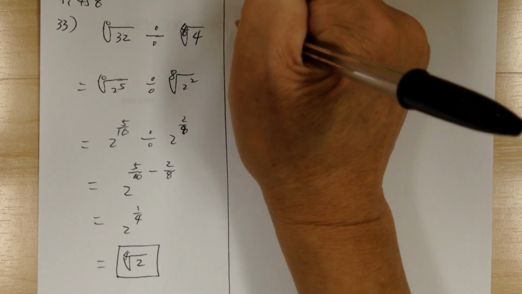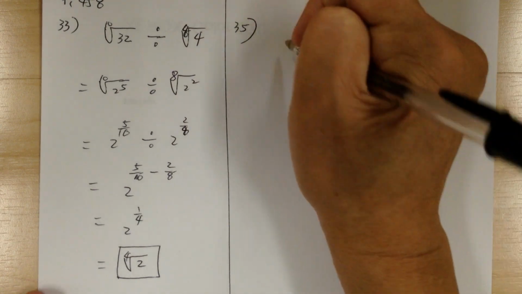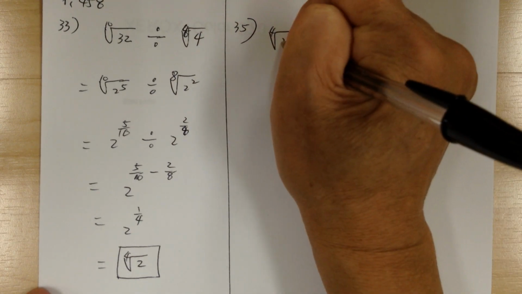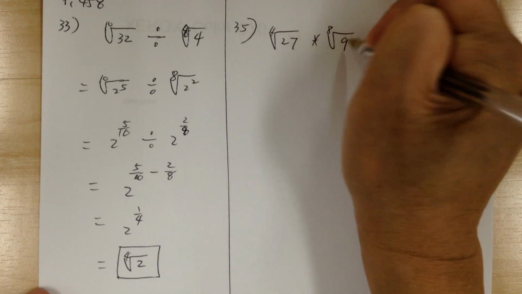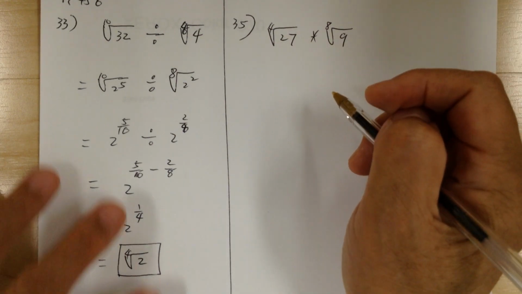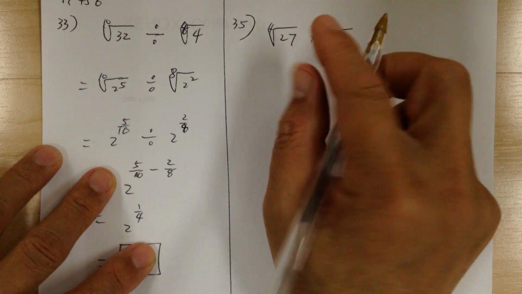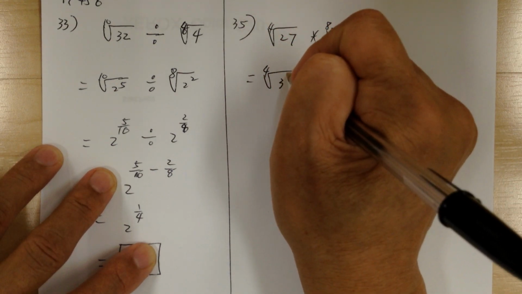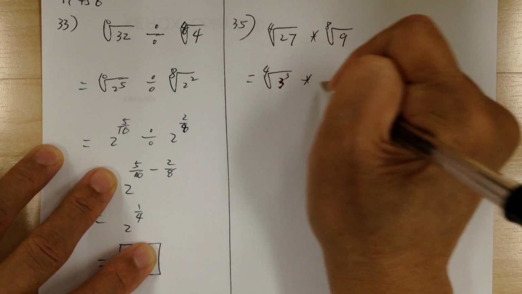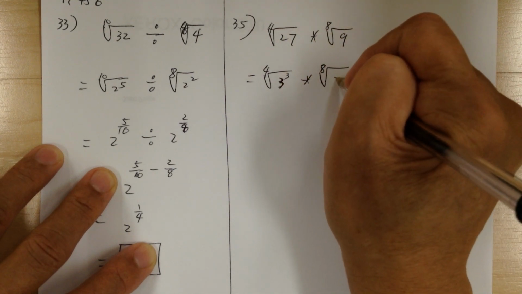Okay. Number 35. You have 4th root of 27 times 8th root of 9. Okay, again, if you're not sure what to do, first break it down into lowest base possible. So 27 is 3 cubed. Okay, 9 is 3 squared.